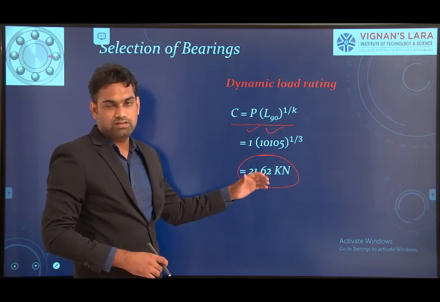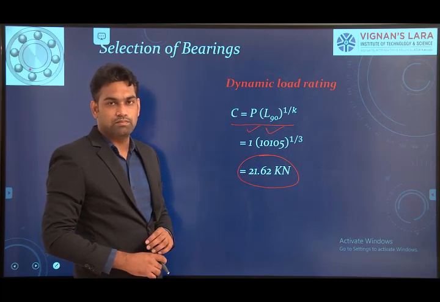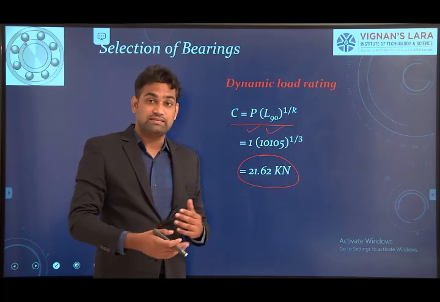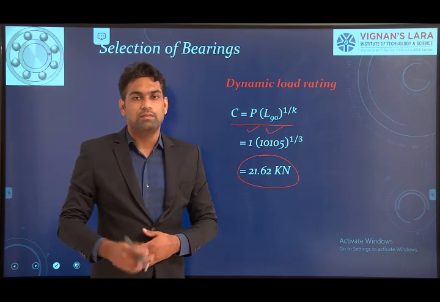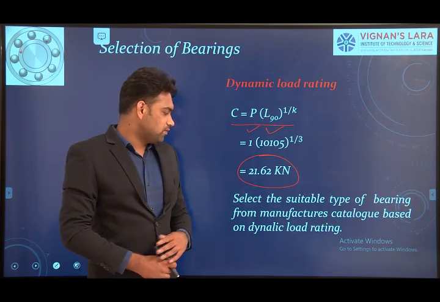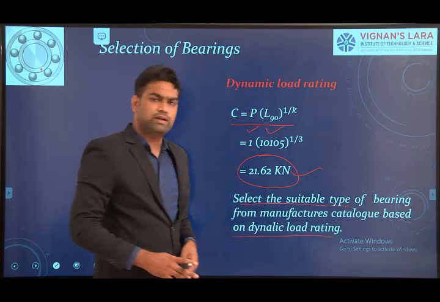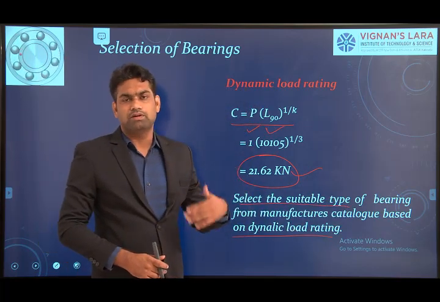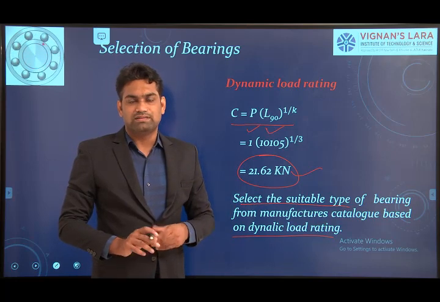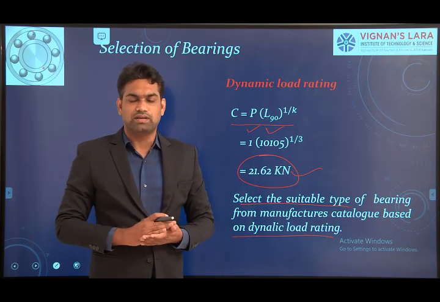Based upon the dynamic load rating capacity of the bearing, we need to select the suitable type of bearing from the manufacturer's catalog. Clear? The selection of the bearing is very similar to the steady load conditions.